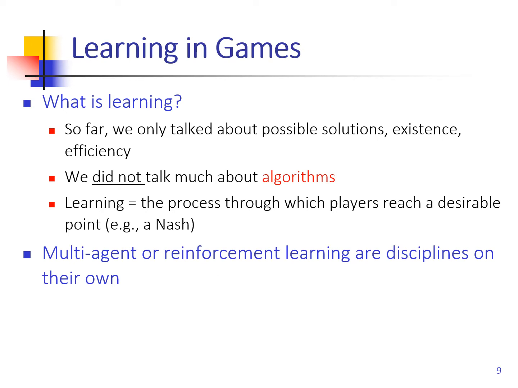And since we are in a multi-agent setting, we know that game theory is only useful to characterize the existence, uniqueness, and efficiency of the Nash equilibrium. But what we are interested in now is the algorithmic part.